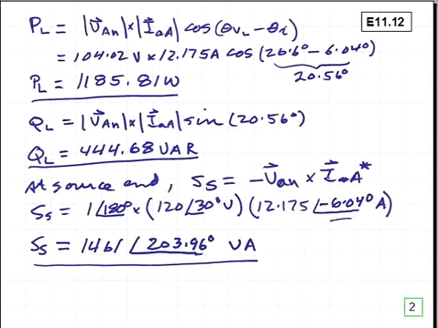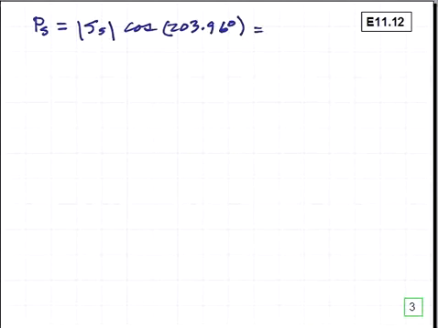Now we can calculate the real power and the quadrature power at the source end. For the source power, we will have that equal to the magnitude of that complex power, which we just calculated, S sub S cosine of that angle of 203.96 degrees. And this will equal minus 1335.65 watts.